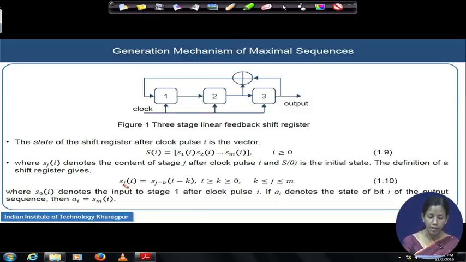Again, S_0^i denotes the input that is coming to stage number 1 after the arrival of clock pulse i.